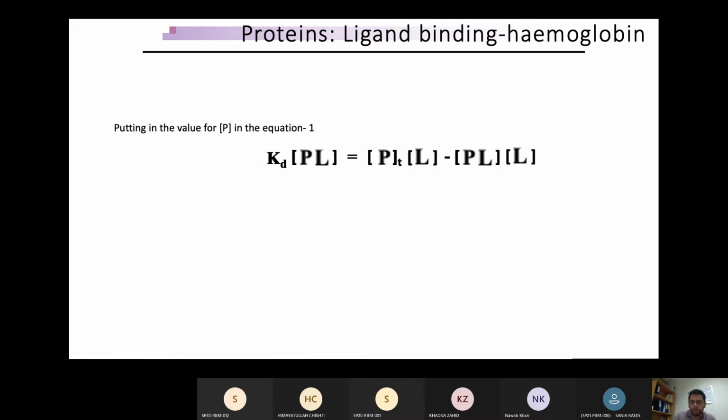If you write it like this, you will get this equation. So you see our left side is almost the same as in the beginning. So Kd times ligand bound protein concentration equal to, if now you have changed this overall equation.